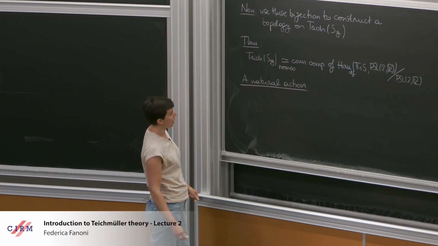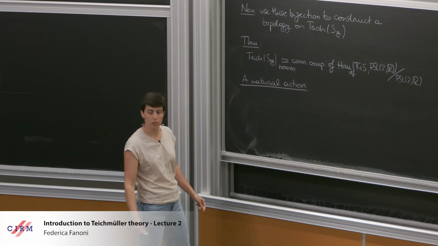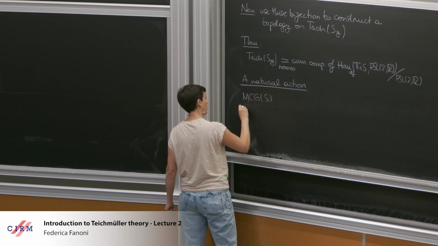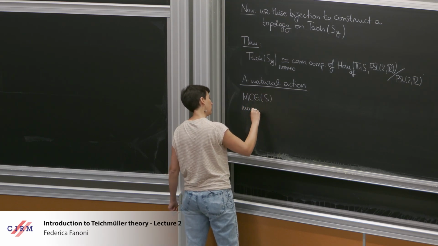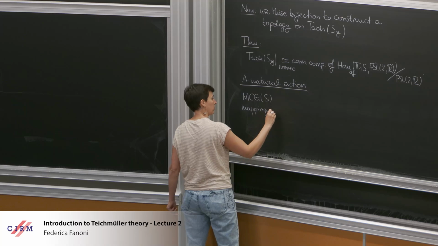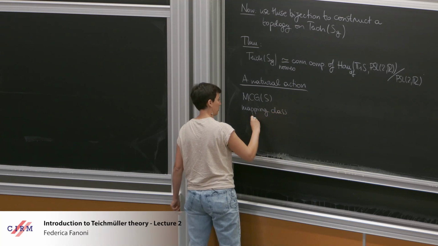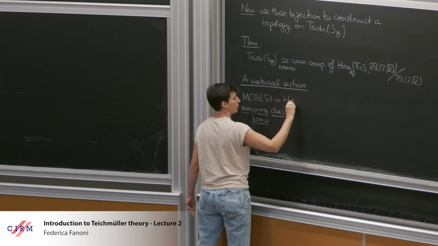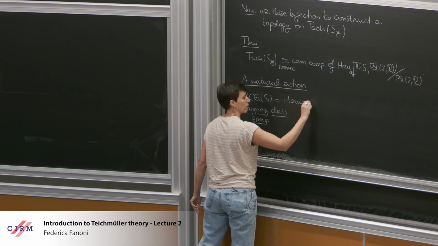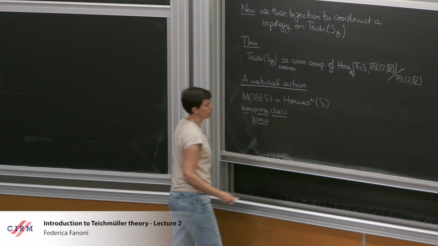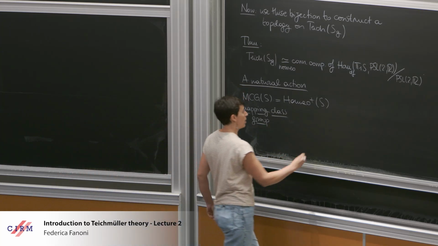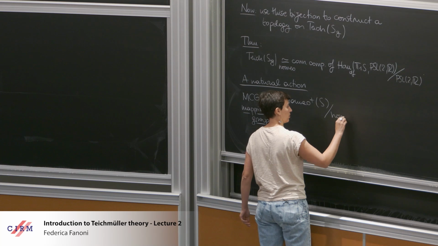So here we have, given a surface, a group which is called the mapping class group, which can be defined in many ways. I'm going to think of it as the group of orientation preserving homeomorphisms of the surface up to homotopy.